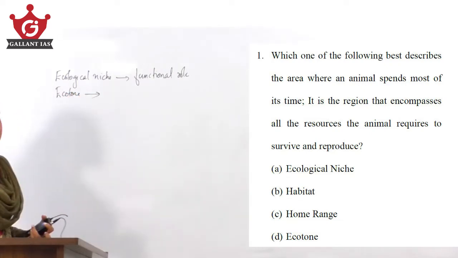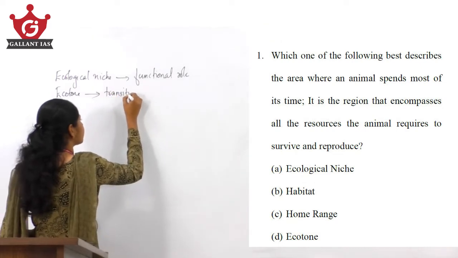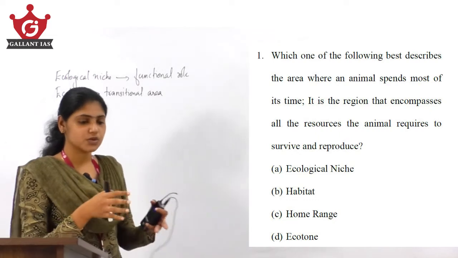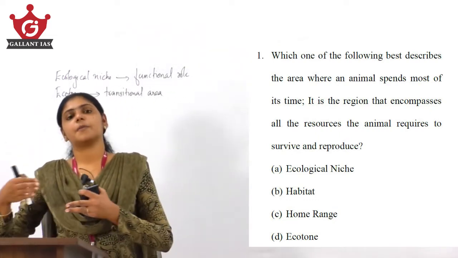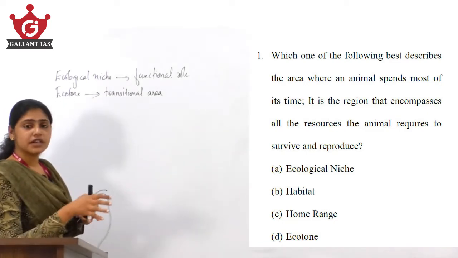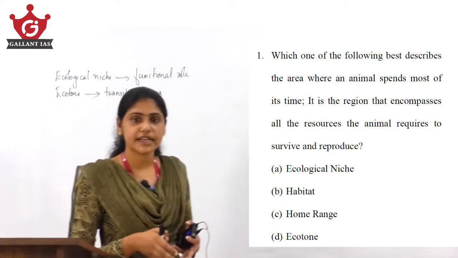See, ecotone is the transitional area, or the intermediate area which comes between two ecosystems. When one ecosystem is transiting to another, there comes a zone of tension, an intermediate zone, a transitional area.